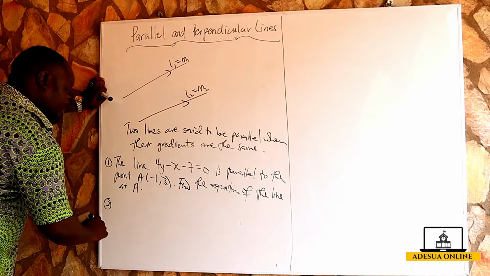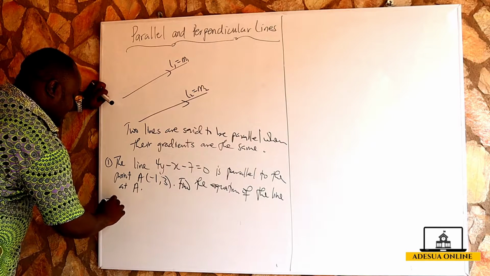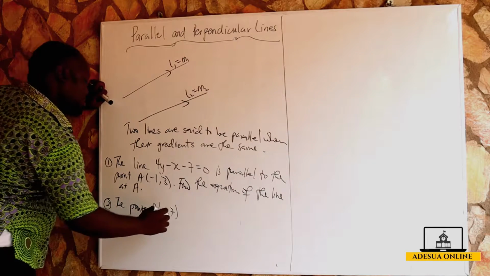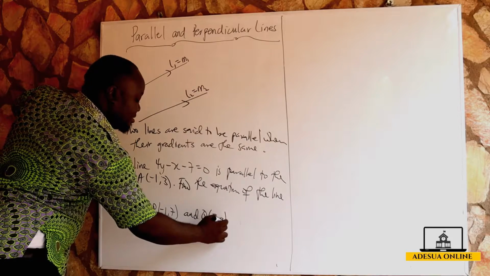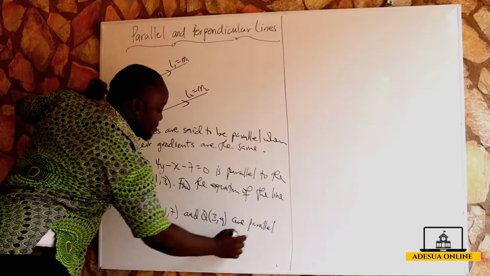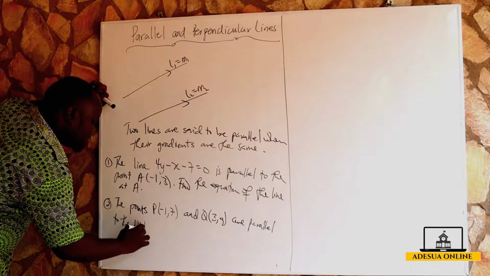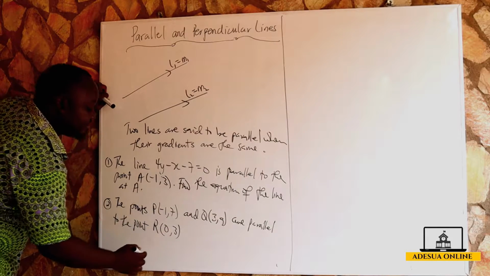Number 2. The points P (-1, 7) and Q (3, 9) are parallel to the point R (0, 3).